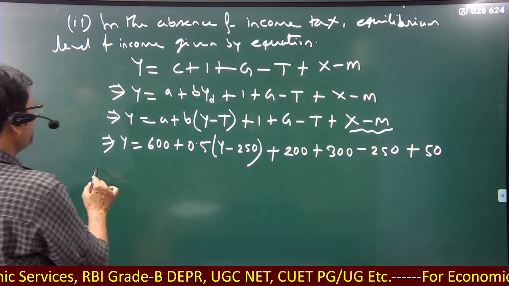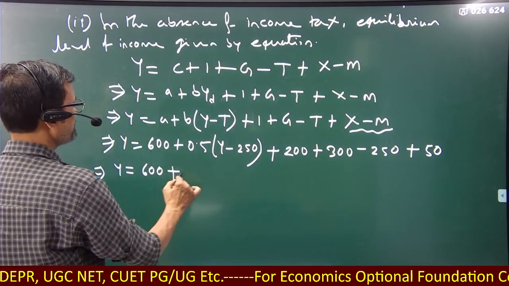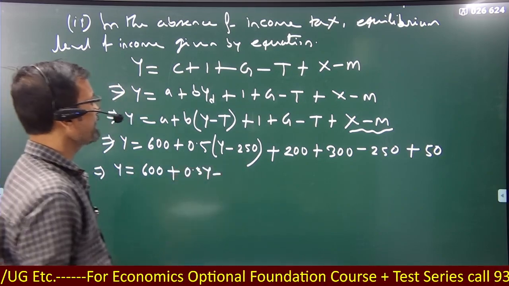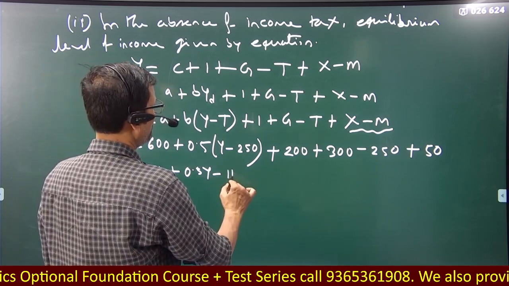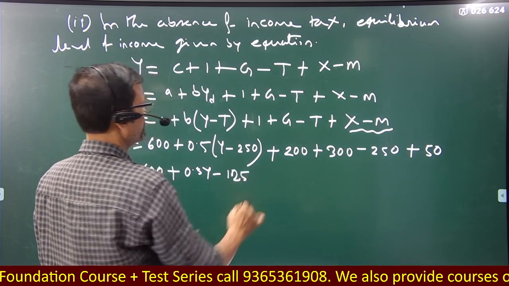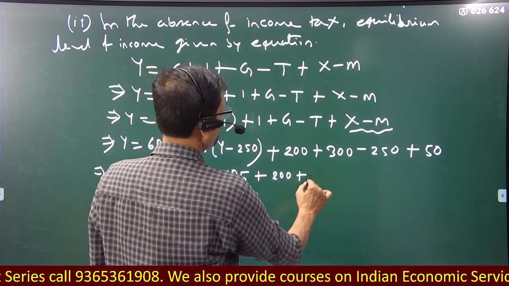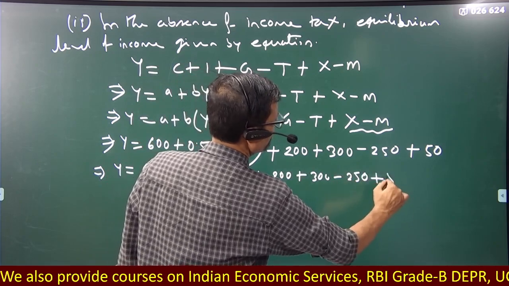Now you see here, Y = 600 + 0.5(Y - 250), so 125 value, plus 200 plus 300 minus 250 plus 50.